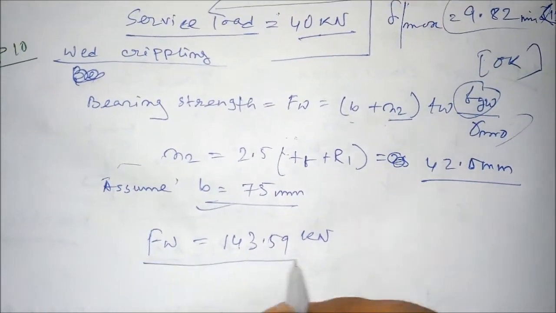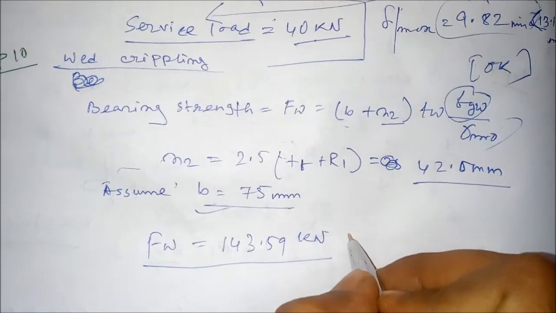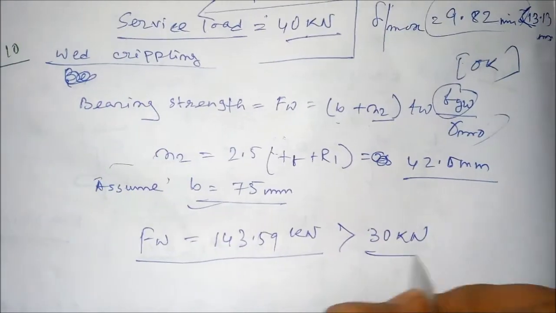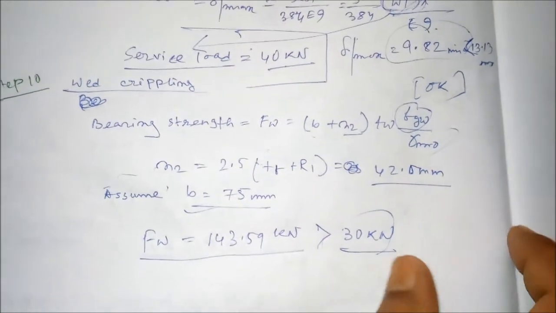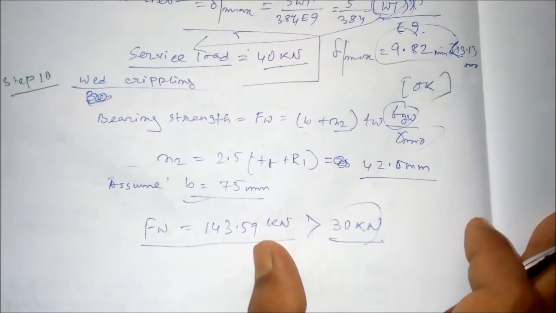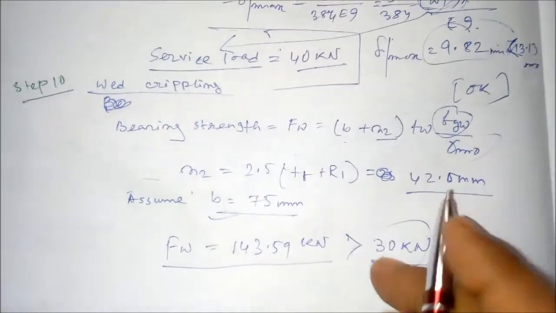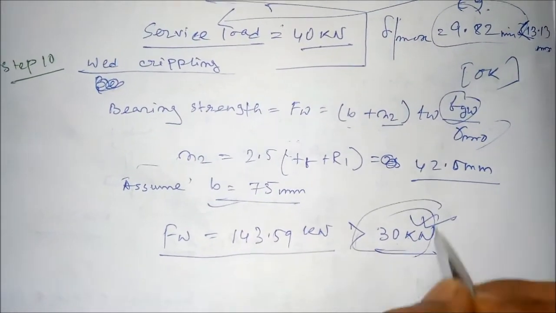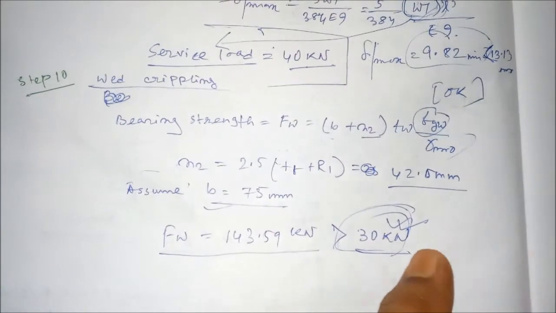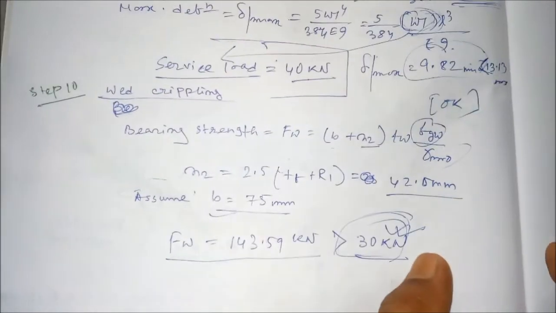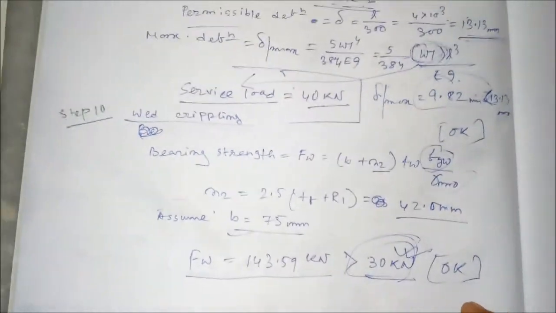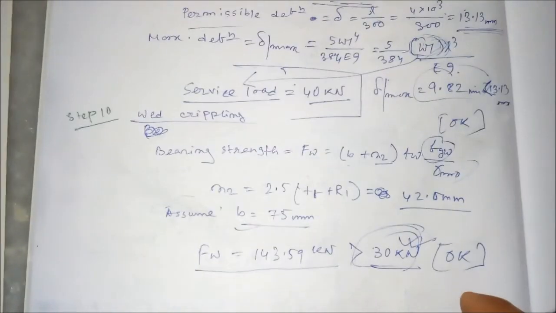Now this is the strength, and this is way more than this value. What is this? This is the maximum shear force, so there is no chance to fail in crippling with the maximum shear value of this. So this is again okay with respect to the web crippling, right?